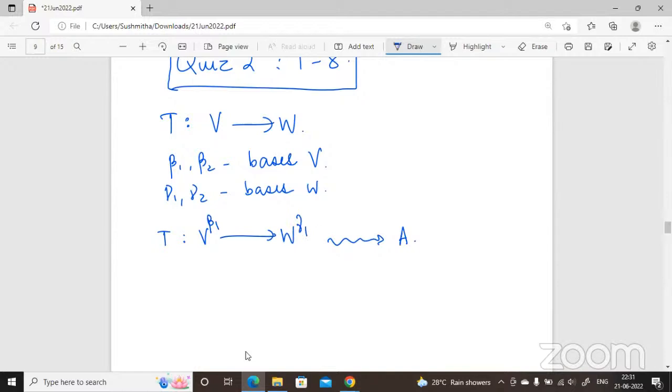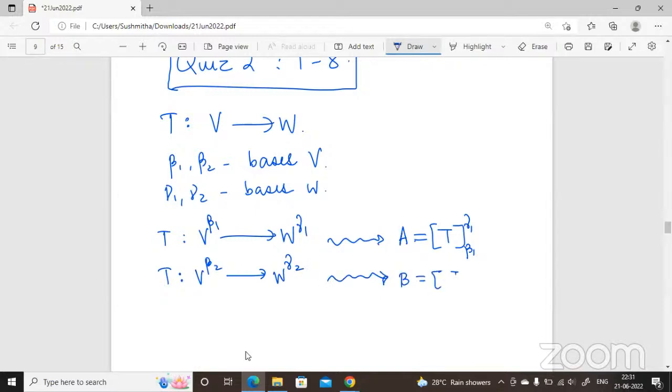Given a linear transformation, I can write its matrix, right? And then for the same linear transformation, if I use different bases, I may get a different matrix, right?